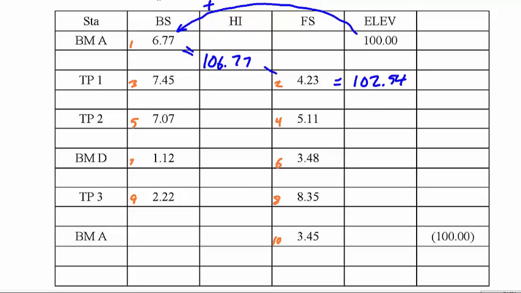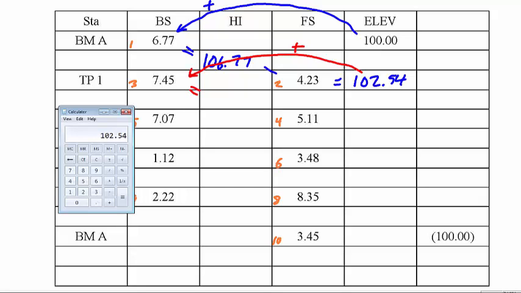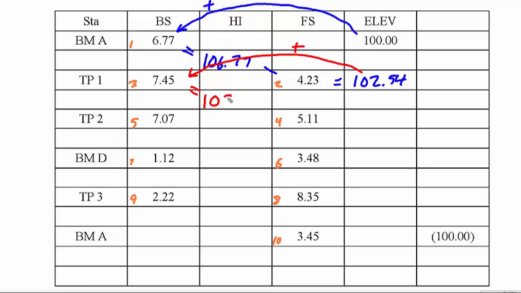All right, then I'm simply going to repeat this process. I'm going to add to this turning point elevation the backsight rod reading when that rod is sitting on that turning point. And thus, I'm going to add to 102.54, because it's a backsight, 7.45. And I get a result of 109.99.